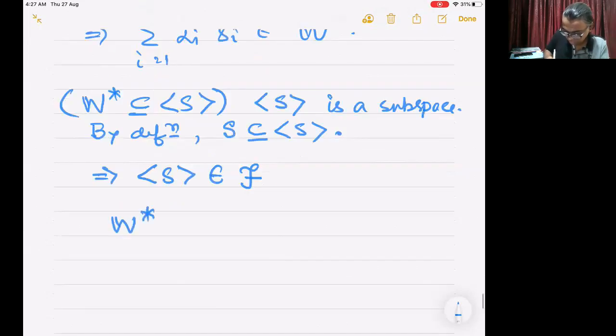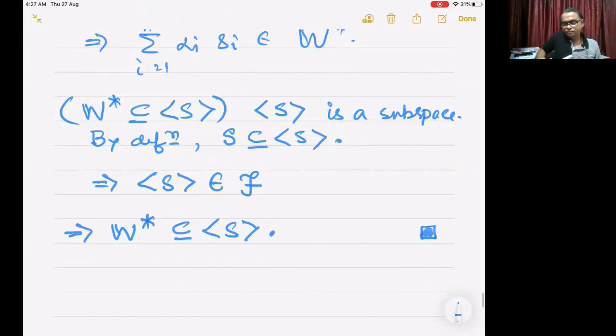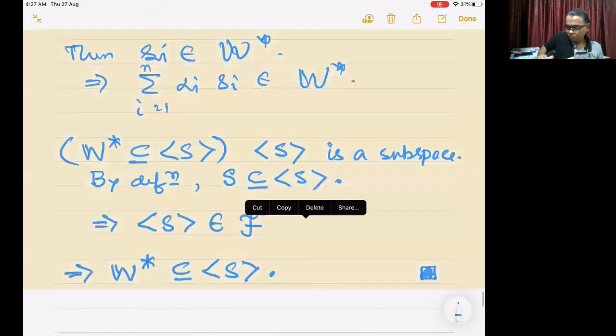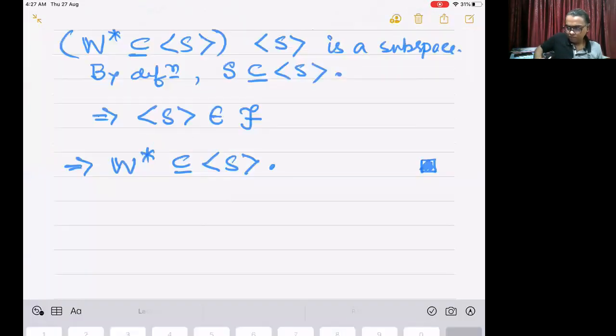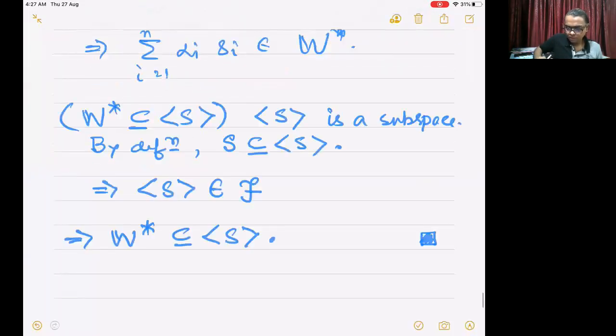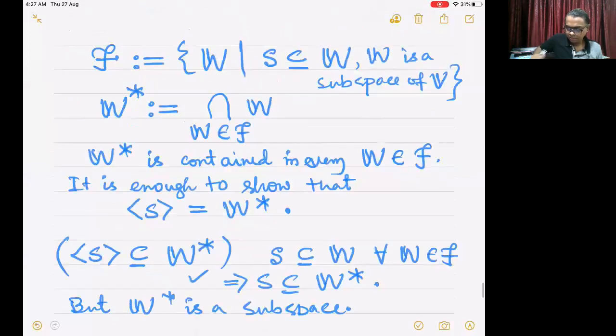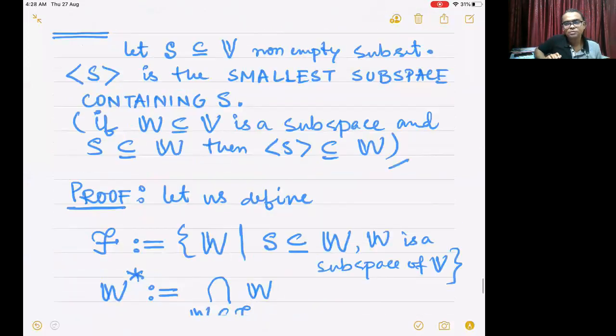So therefore, this implies W star is contained in span of S. And that is what we needed to prove. This completes that, right? So this is how we show that the span is the smallest possible subspace containing a given set.